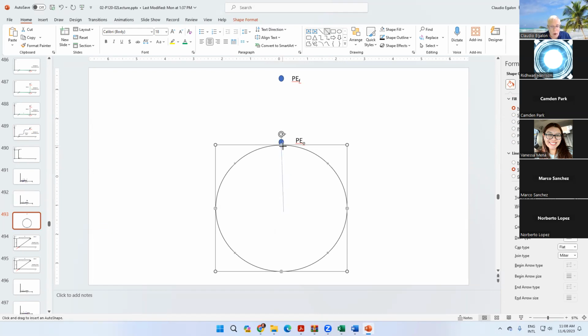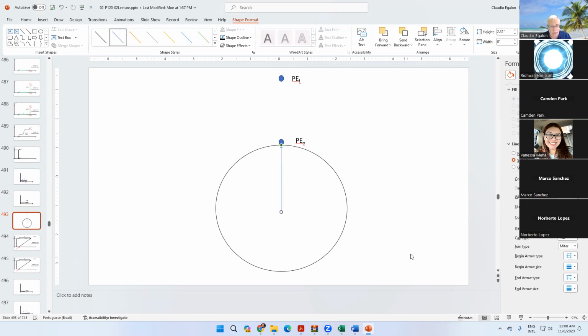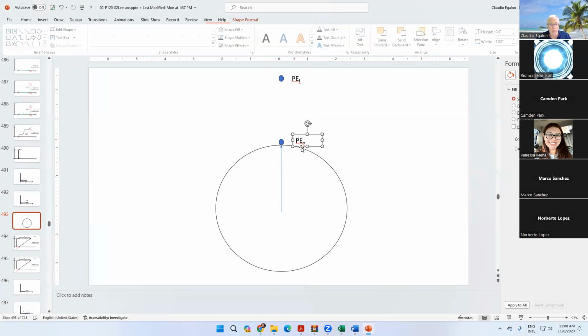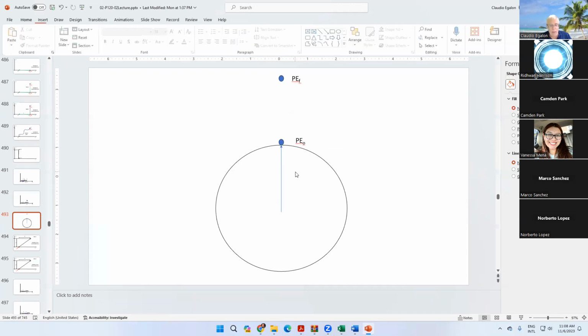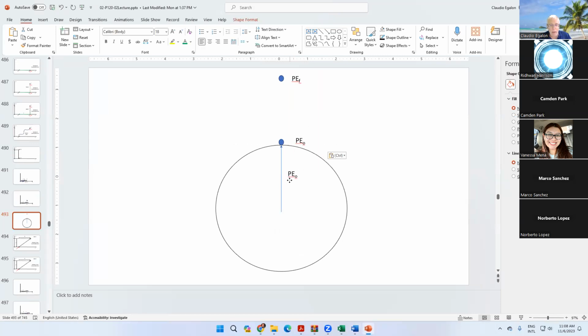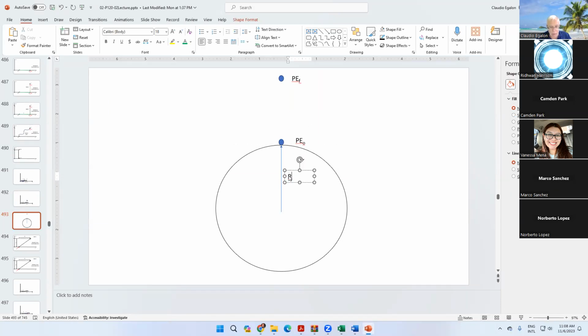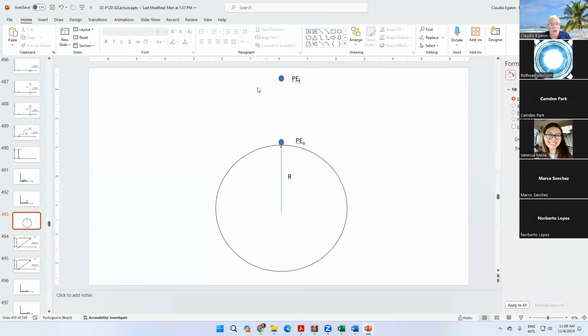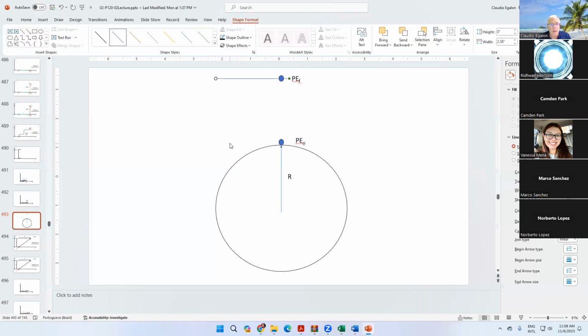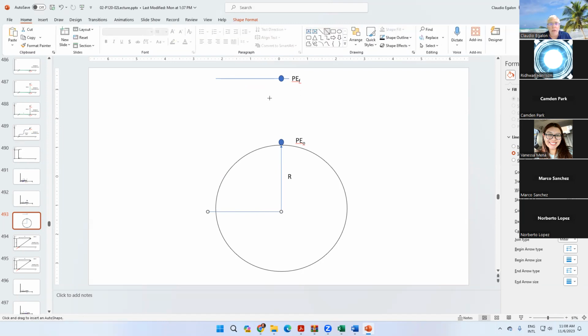Here it is going to be big R, and what you see here is going to be big R plus H, the maximum height.